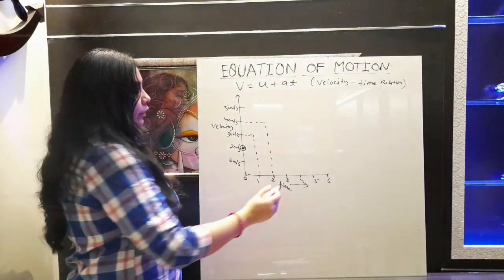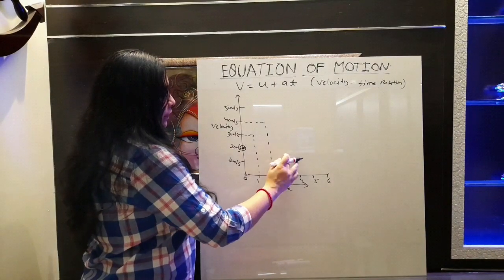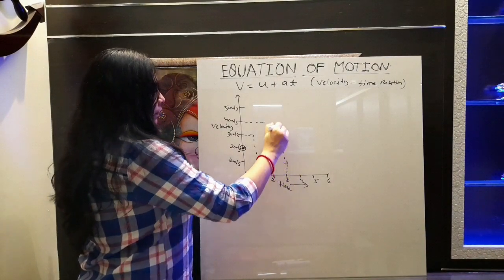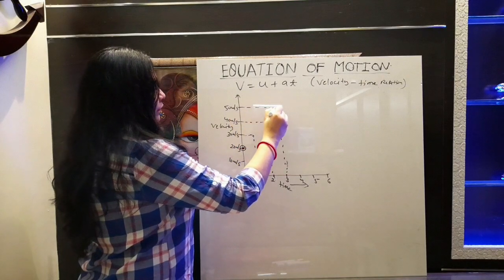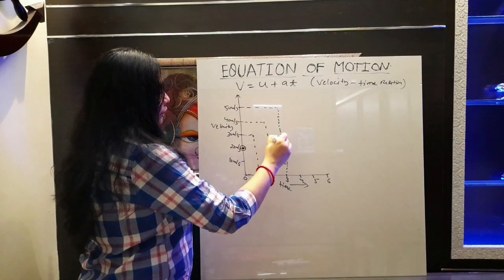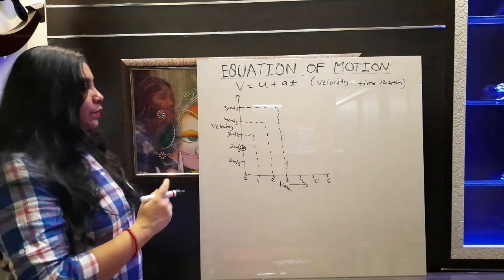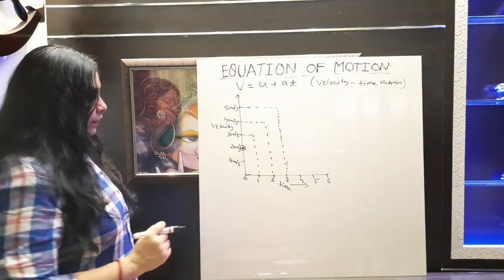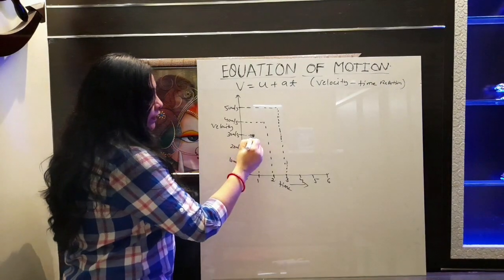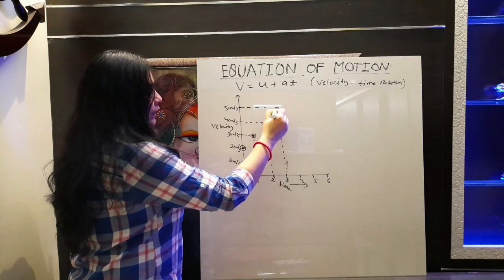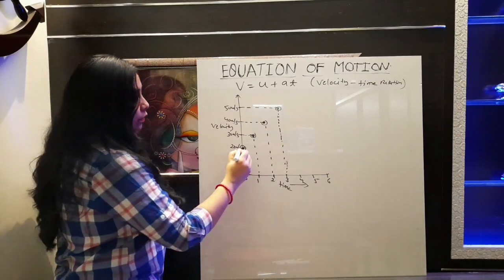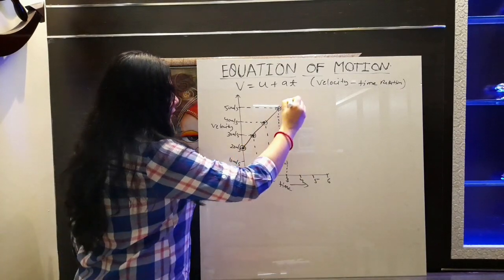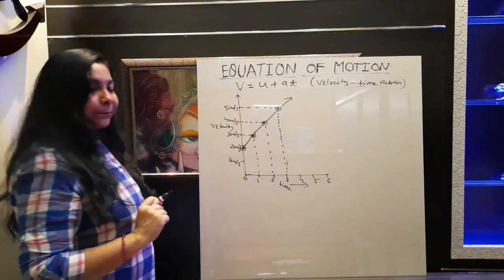And in the next second, the body is, suppose, moving with 50 meter per second. It is not a perfect graph because I am just drawing it freehand. So this kind of graph you can plot from here, right? If you join all these points, you will get a slope like this.